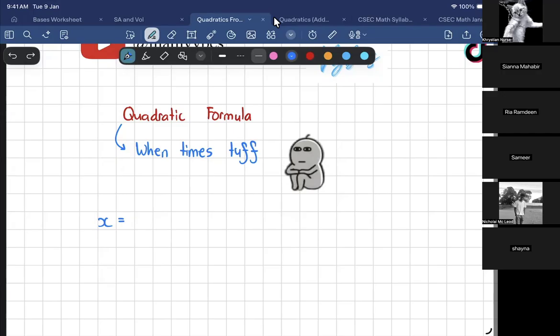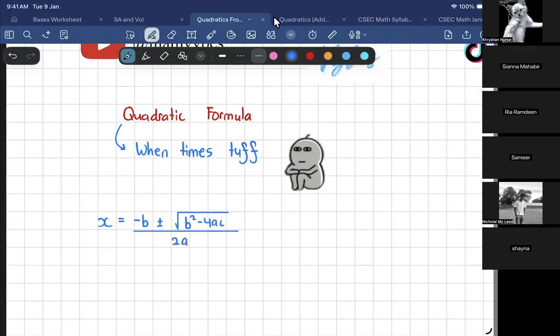Somebody was saying something. So is it minus b plus or minus the square root of b squared minus 4ac over 2a? Yeah, negative b plus or minus the square root of b squared minus 4ac all over 2a.